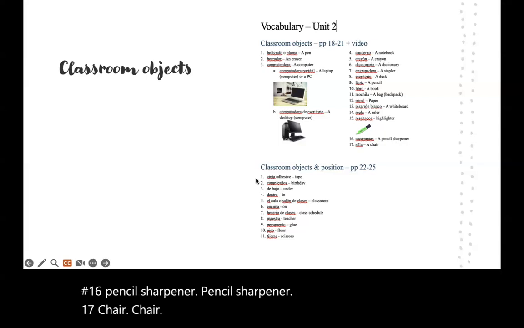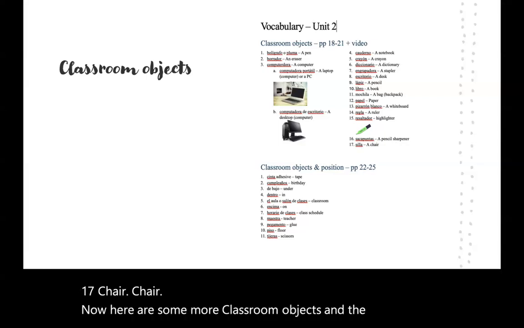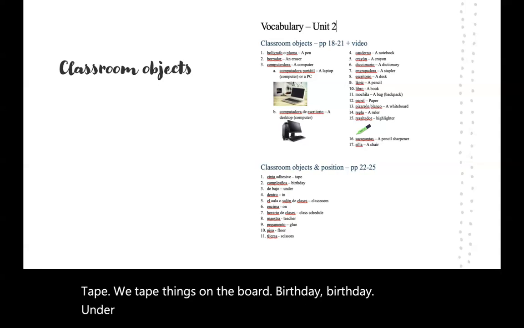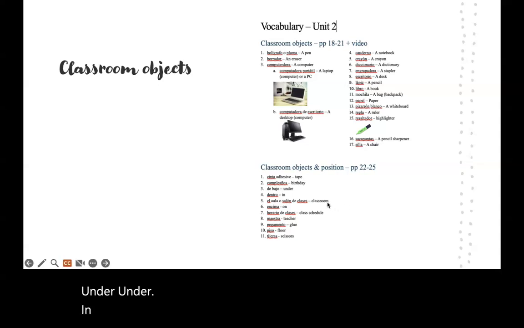Now, here are some more classroom objects and the position. Tape. We tape things on the board. Birthday, birthday. Under, under. In. Classroom, classroom.